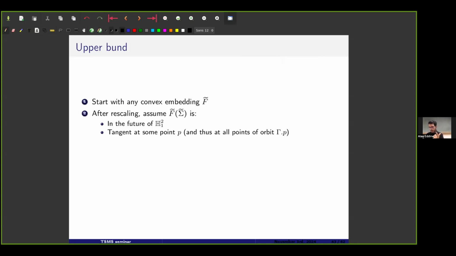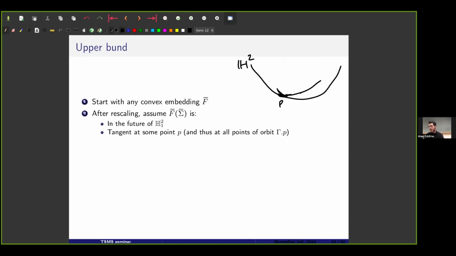So as I said, we have an embedding. It is the embedding of a convex function. Okay, up to scaling it, we can always assume that it is tangent to the hyperbolic level H2 at some point P. But remember, it is the graph of a convex function.